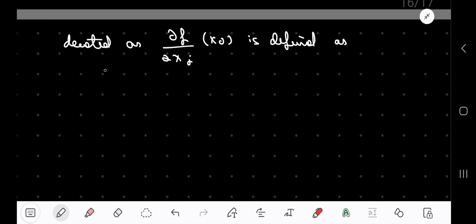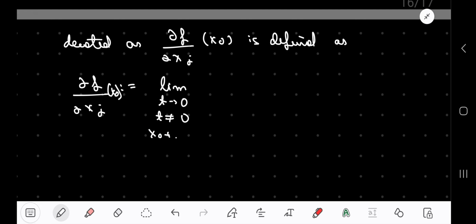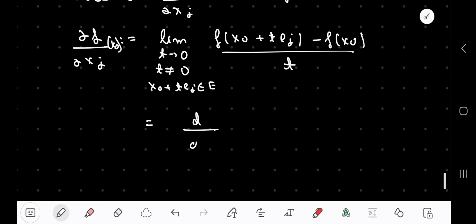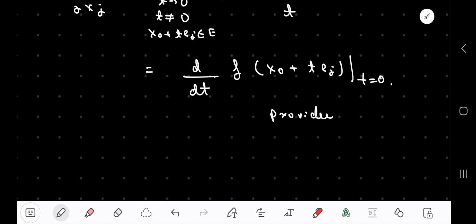So it is defined as del f by del xj of x naught, this is nothing but the limit t tends to 0, t not equal to 0, and x naught plus t ej belongs to E. So what we have is f of x naught plus t ej, so we are traversing in the jth direction, minus f of x naught, upon t, and the better way to write it is d/dt of f at x naught plus t ej calculated when t is equals to 0, provided the limit exists.